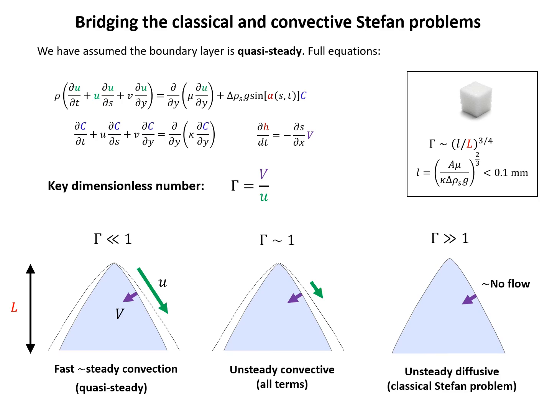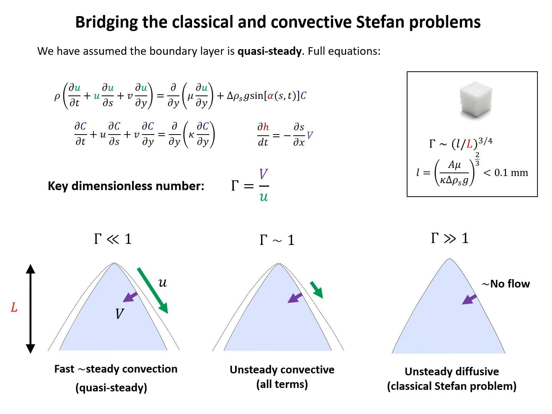And it turns out that the assumption of quasi-steadiness that we've assumed in the boundary layer model can be measured by this dimensionless number here, gamma, which is the recession speed divided by the characteristic flow rate of the convective flow. And if the recession speed is very slow, then the boundary layer can be assumed to be steady or quasi-steady.